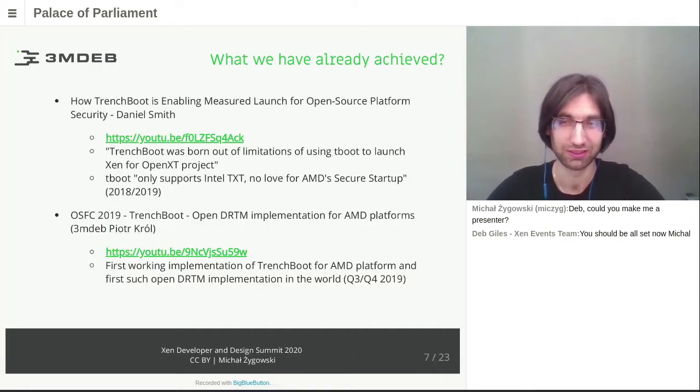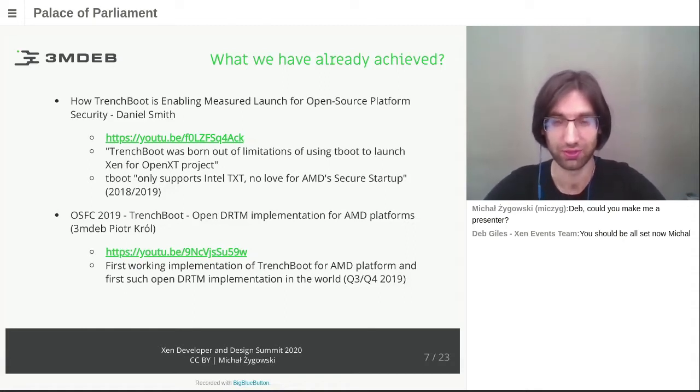So what we have already achieved, I will just cite a few presentations. The first one is from Daniel P. Smith. TrenchBoot was born out of the limitations of using tboot to launch Xen, because we had no alternative to tboot and Intel TXT, and there was not even a single implementation for AMD Secure Startup.